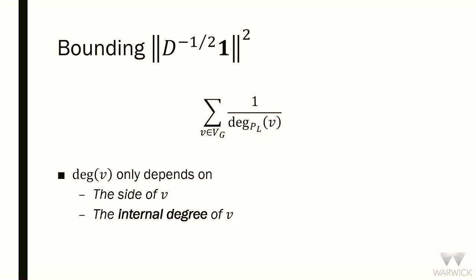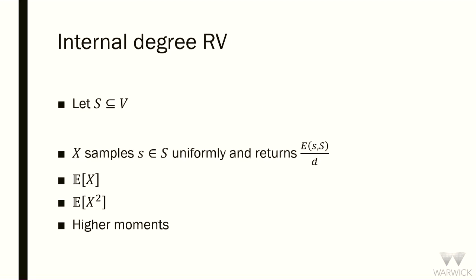And so in order to answer this question, we needed to understand the degree in the partial lift, which depends on the internal degree of a vertex v. So let's say I'm a vertex in B, then my internal degree is the number of neighbors I have in the set B. And let me restate this question, so forget about B and L and partial lifts.